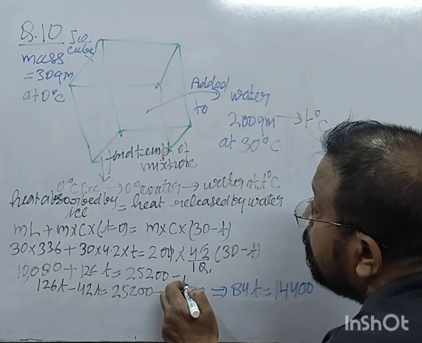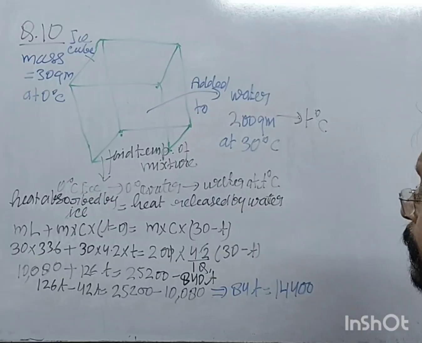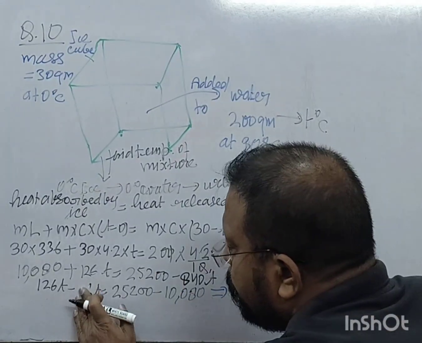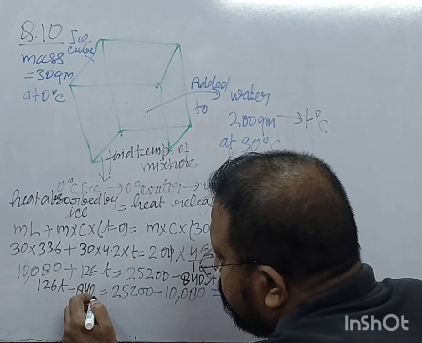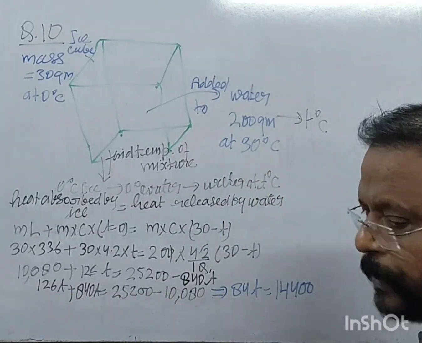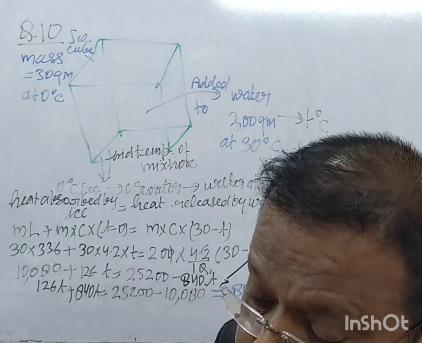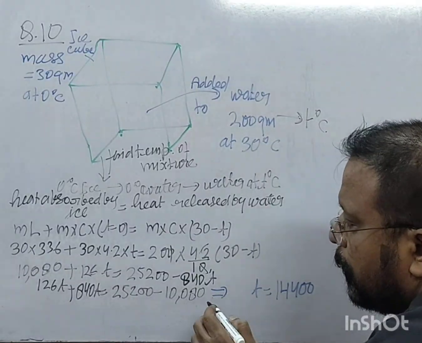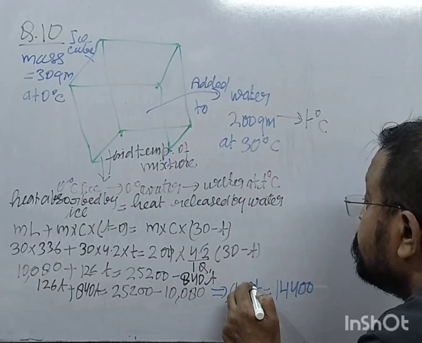So you bring this 840T here, it is plus, so when you add 126 it comes to 966T.